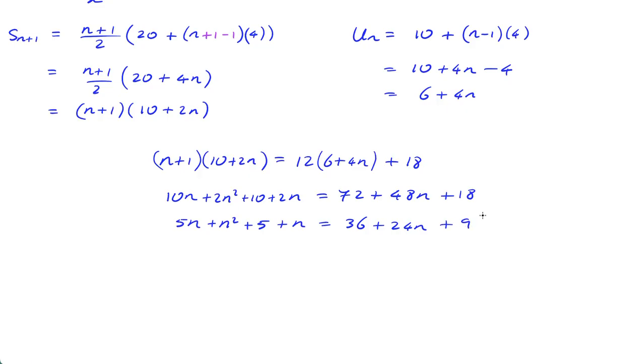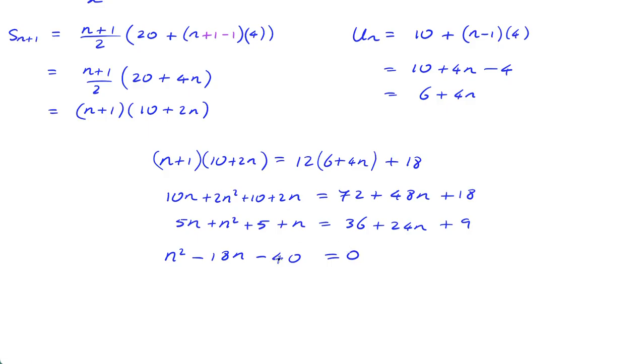Okay, we then have everything to the left. N squared. We have 5n plus n is 6n minus 24n is minus 18n. And then I have a 5 up here. This is 45, so 5 minus 45 is minus 40 equals 0. Factorize this.